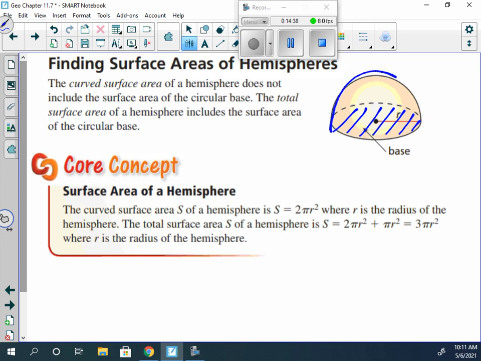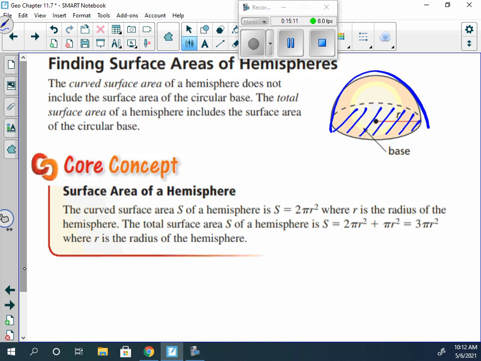Now the surface area of our actual sphere, the whole top piece, is going to be 2 pi r squared. But because where we cut, we created a face, we have to add that back in. So for a hemisphere, the surface area is 2 pi r squared plus pi r squared because we added a circle. The base of it is a circle.